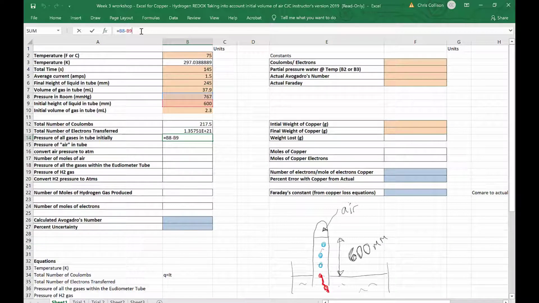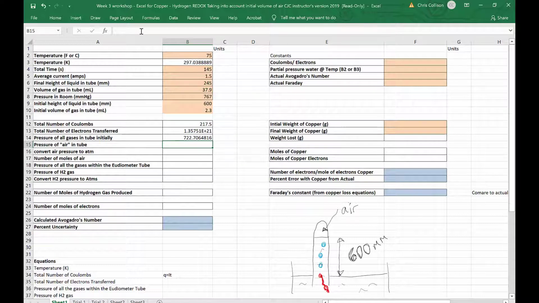So B8 minus 600 millimeters, but that's millimeters of water, so we have to convert this into millimeters of mercury. So we simply take the density of water and divide that by the density of mercury, which is 13.546, and we end up having a pressure of all the gases in the tube in terms of millimeters of mercury.